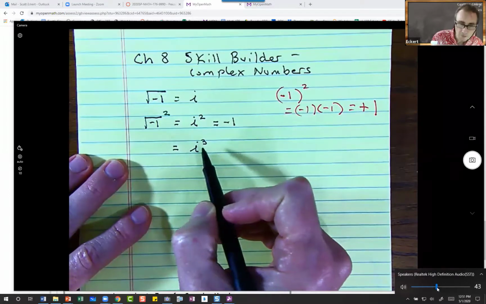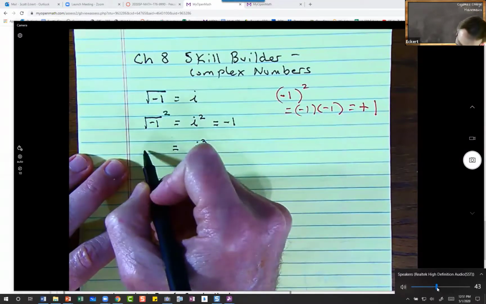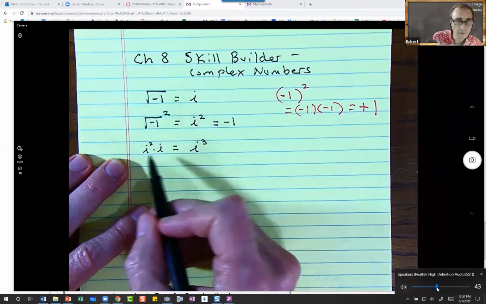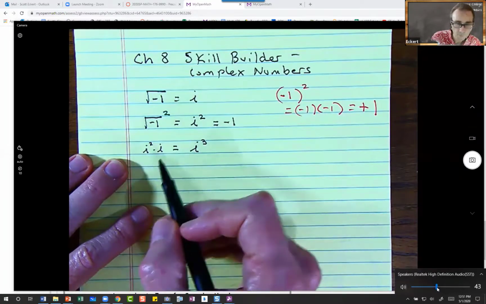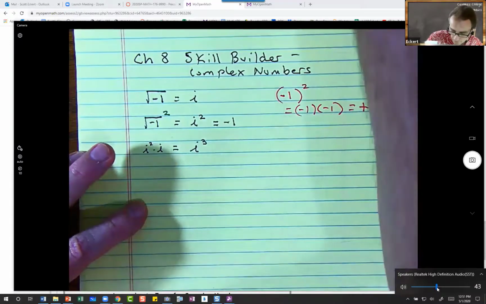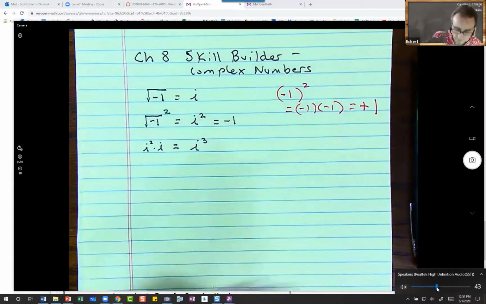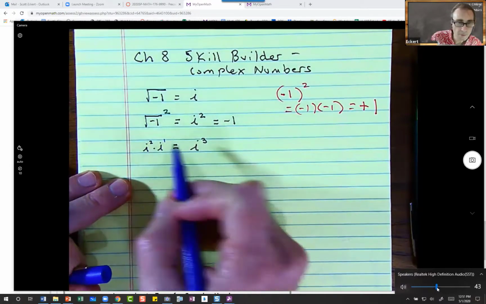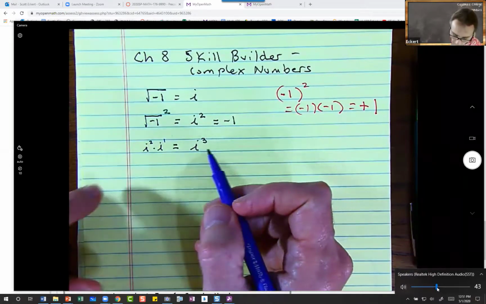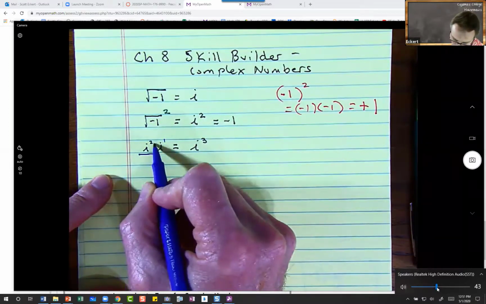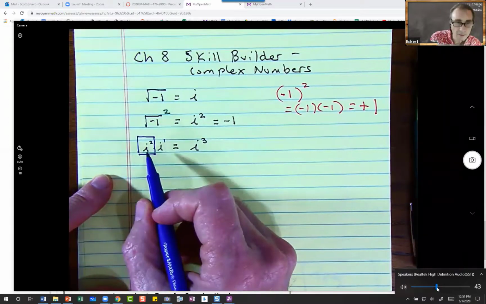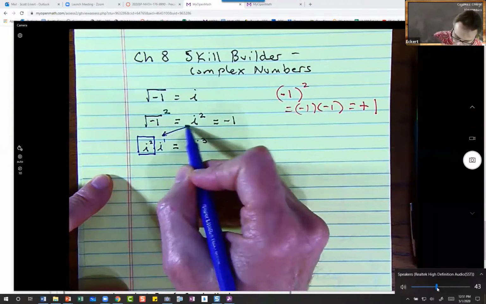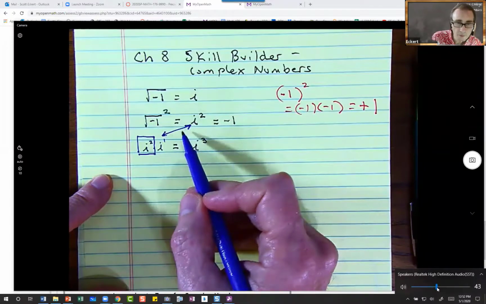i cubed is exactly like i squared times i, right? Because if I put this as a first power and a second power, it adds up to a third power. And just a minute ago, we figured out what i squared is. i squared equals -1.